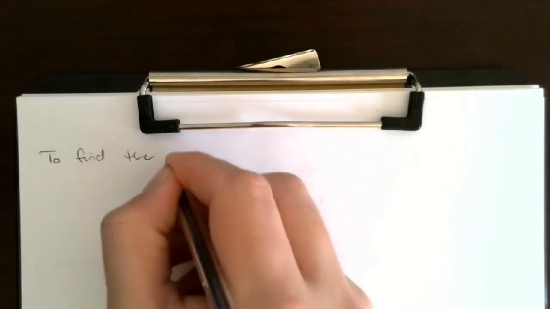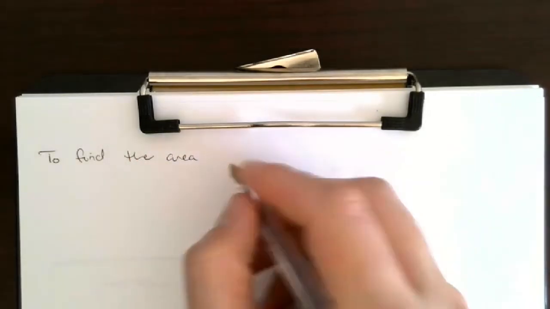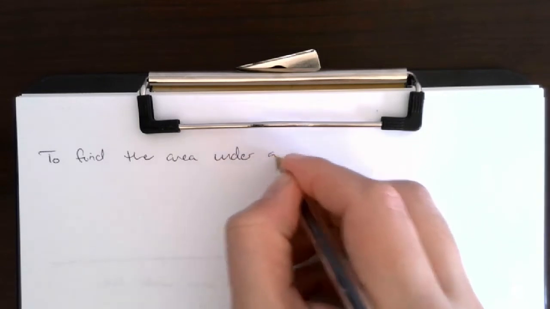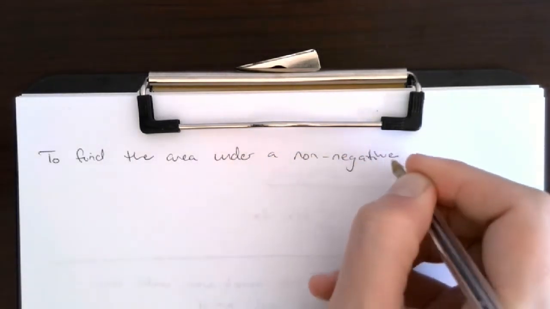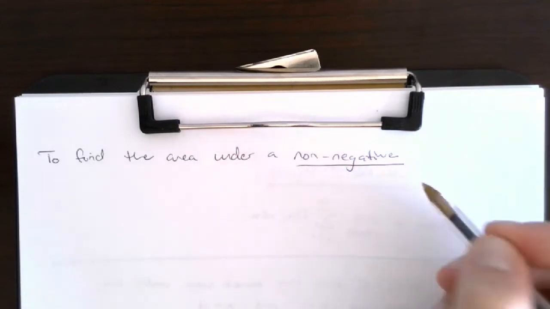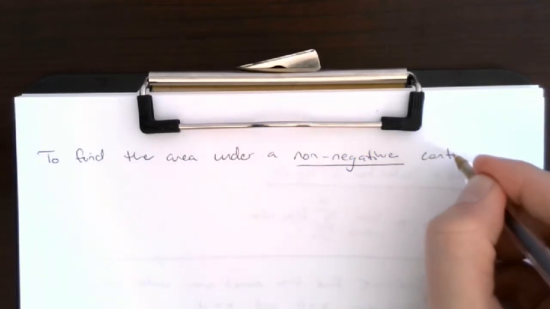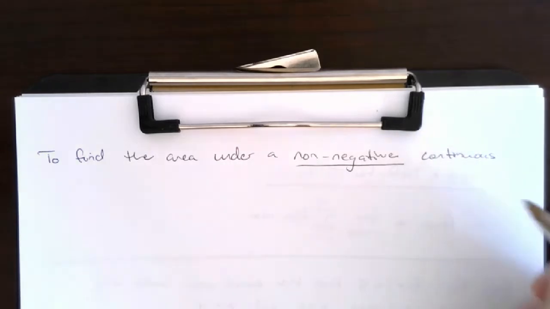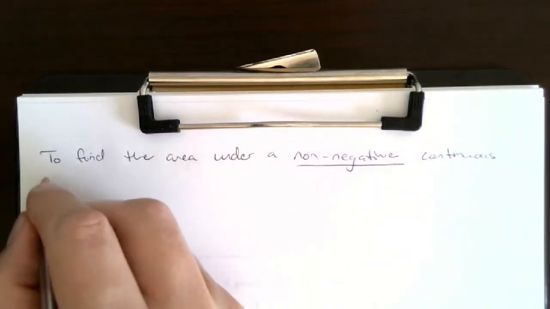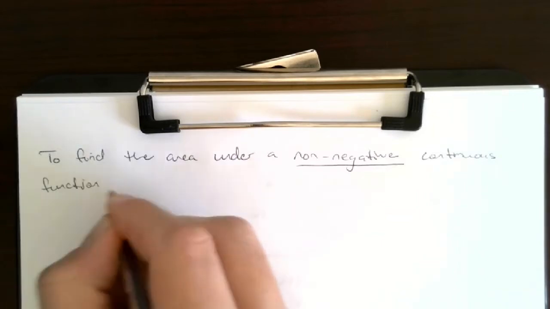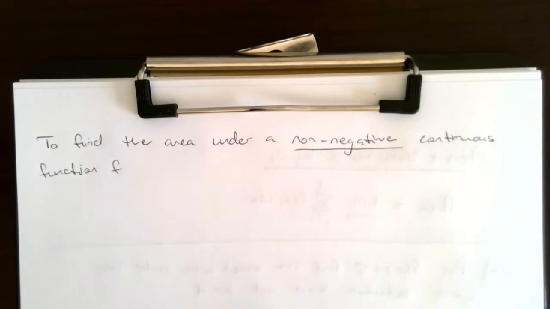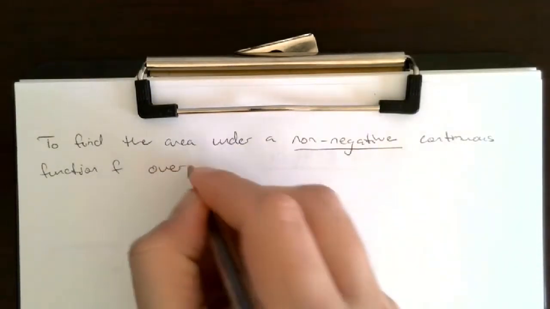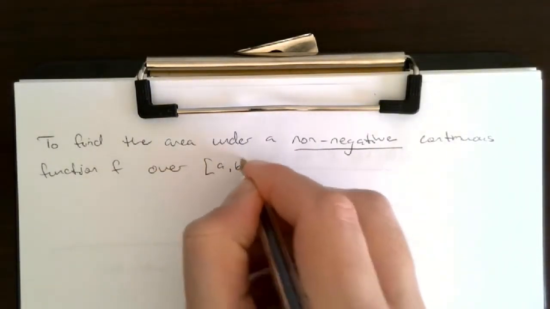So to find the area under a non-negative, this is important, right? So under a non-negative continuous function f over some interval from a to b.